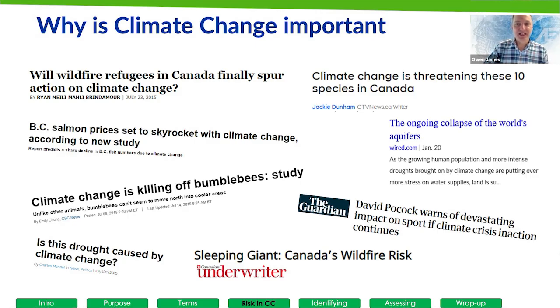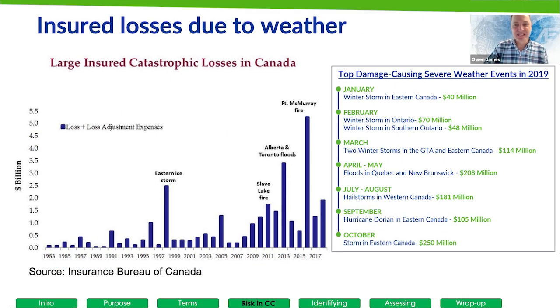Insured losses from catastrophic events seem to be increasing. There's a lot behind this, such as the increasing of property value. Planning practices also significantly impact. If we put more infrastructure in vulnerable areas, then inevitably when those vulnerable areas are impacted, the consequential impacts are going to be more significant.